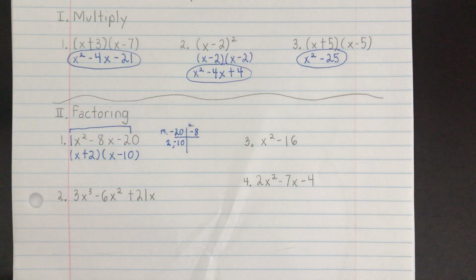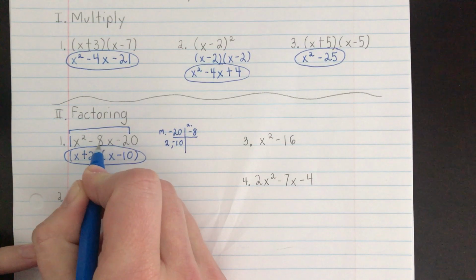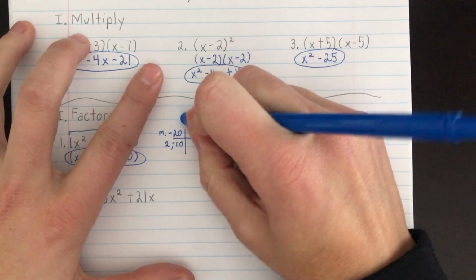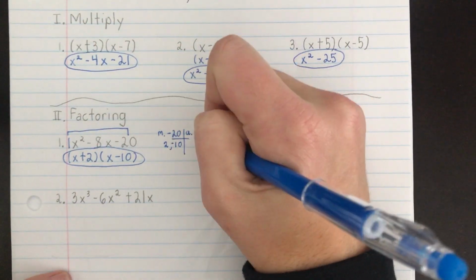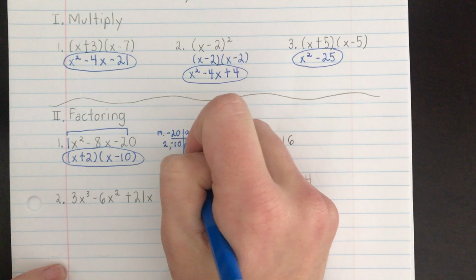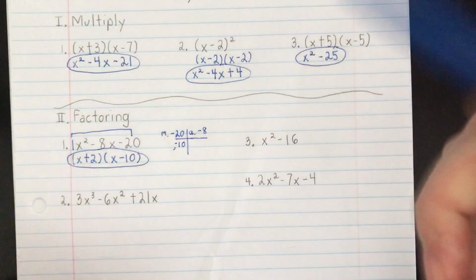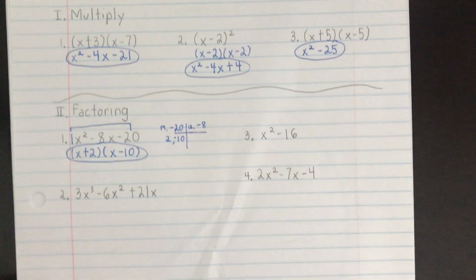Okay, so x plus 2, x minus 10 would FOIL back to this. If I FOILed this, it would get back to that. So this is multiply to negative 20, add, that's an A for add, to negative 8. Okay, with this pen being so fat, it's hard to see the numbers. That's a 2, and that's a negative 10.